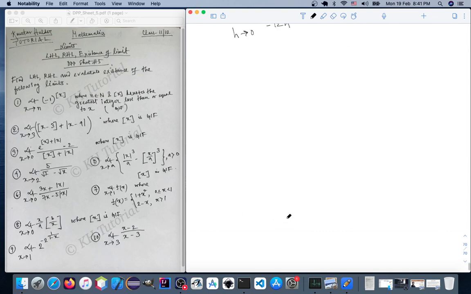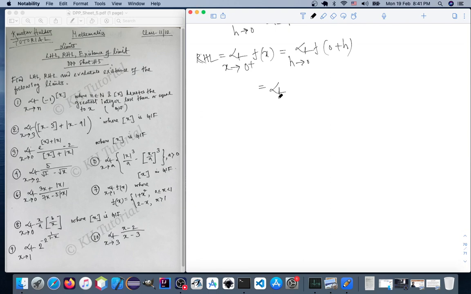Let's see what is RHL. RHL equals x tending to 0 positive. This is limit h tends to 0 f of 0 plus h.